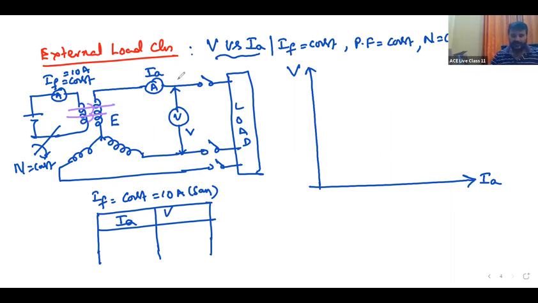What about armature current? First, I will take the no load condition. IA is variable; from 0 onwards we will take. Under no load, with field current at the rated 10 amperes and rated speed, almost rated voltage will be there, say 400 volts. Even when IA is 0, voltage will be some 400 volts.